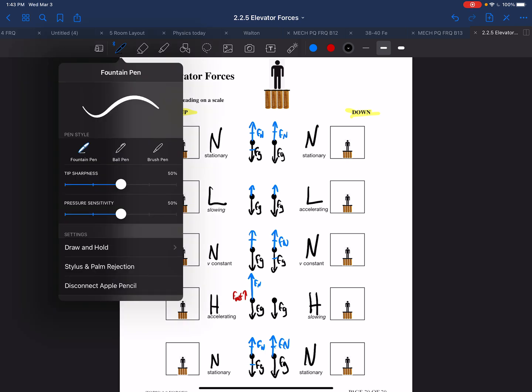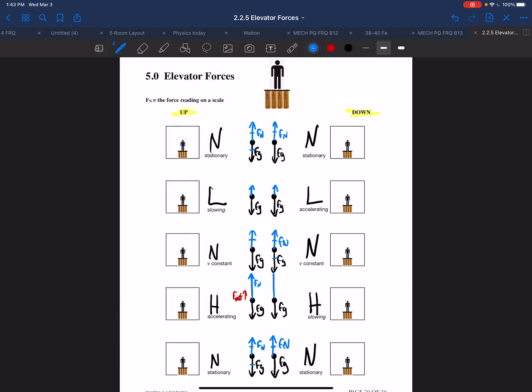And that means that if we're getting slower on the way down, that means the force causing that slowing down must be directed upward. So the net force must be upward, just like it was on the way up.